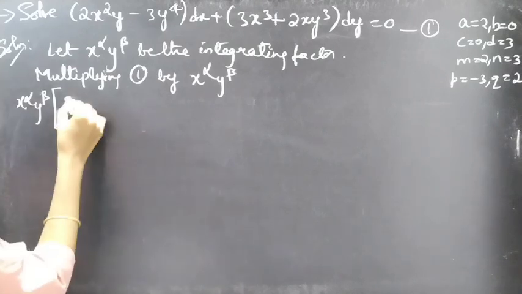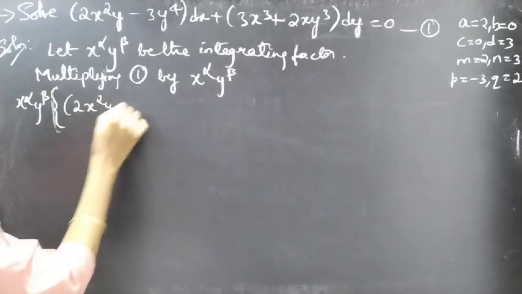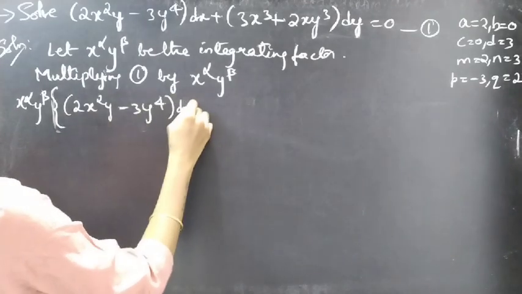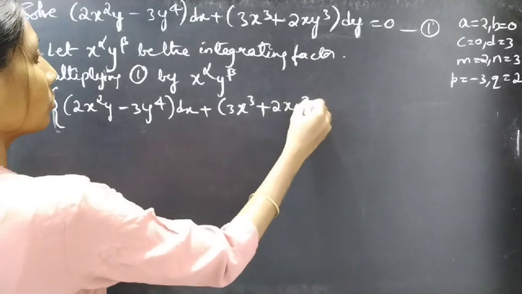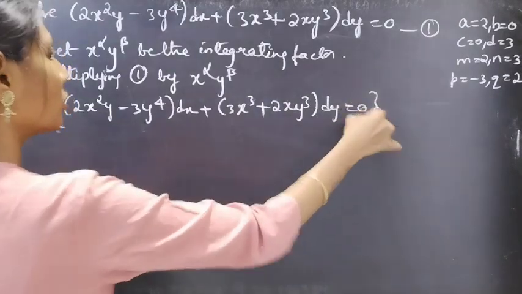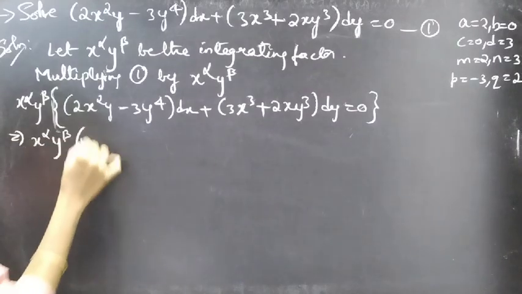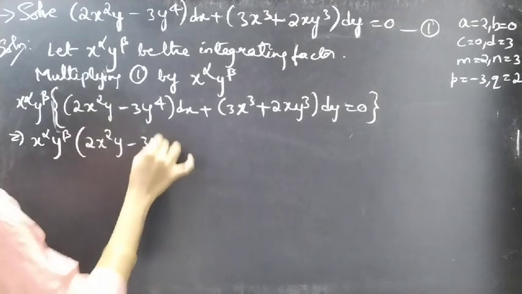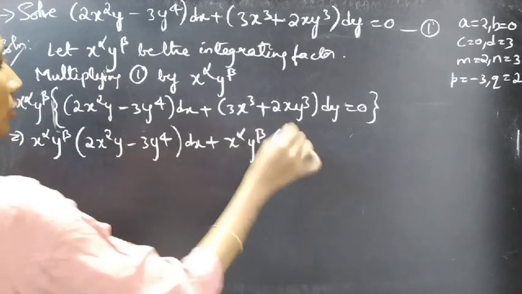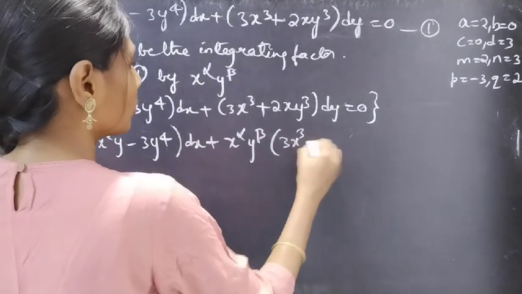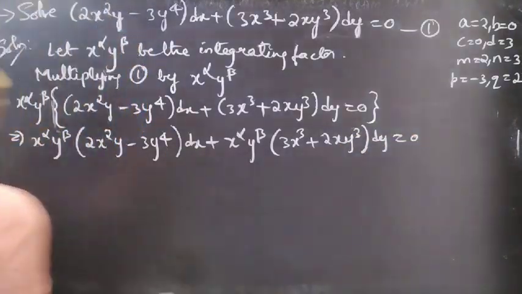Now write equation 1: (2x square y minus 3y power 4) dx plus (3x cube plus 2x y cube) dy equal to 0. We can write this as x power alpha y power beta into (2x square y minus 3y power 4) dx plus x power alpha y power beta into (3x cube plus 2x y cube) dy equal to 0, right?